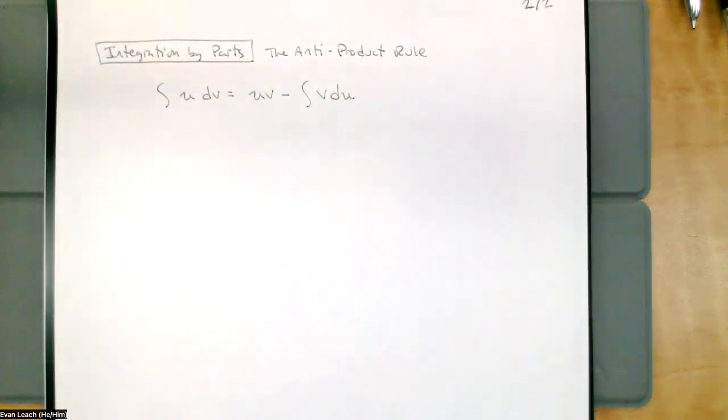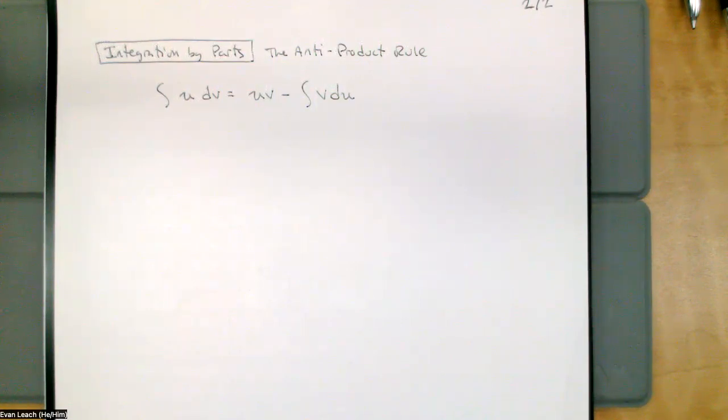The integral of u dv is uv minus the integral of v du. I like the version of the parts formula without all the x's in it.